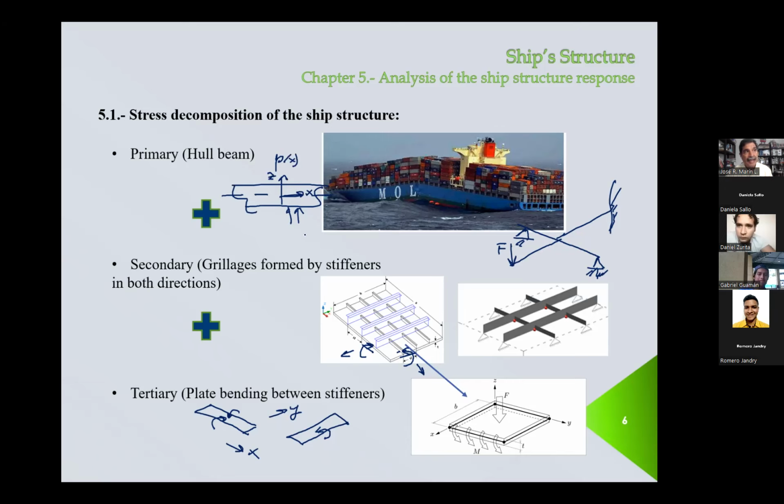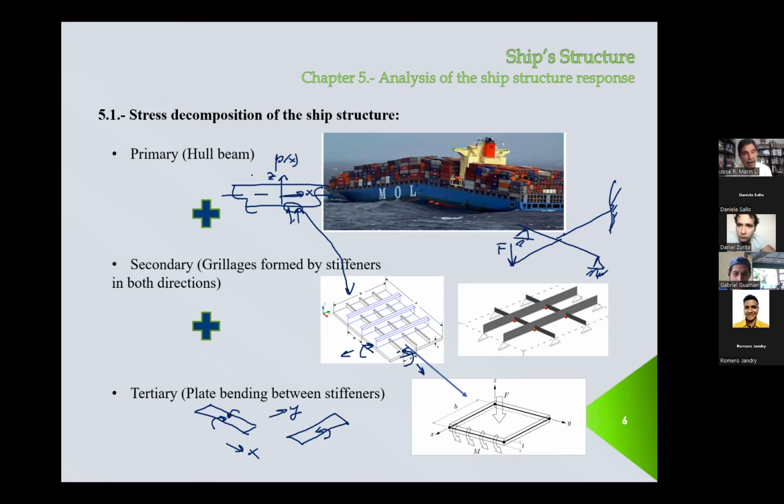But it's not exactly the same, because remember, this is force per unit length. But yes, it's related. Now, if you want to analyze the panel of the bottom, in that case you apply the same pressure. If this were the bottom panel and you analyze the plating, it would be the same pressure.